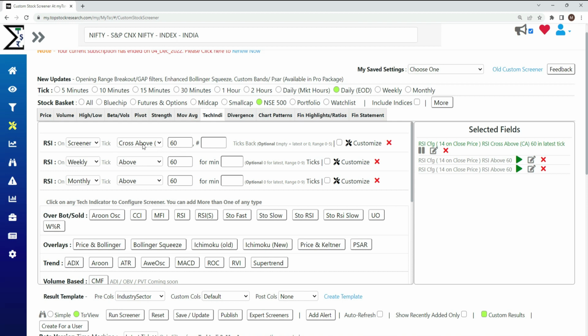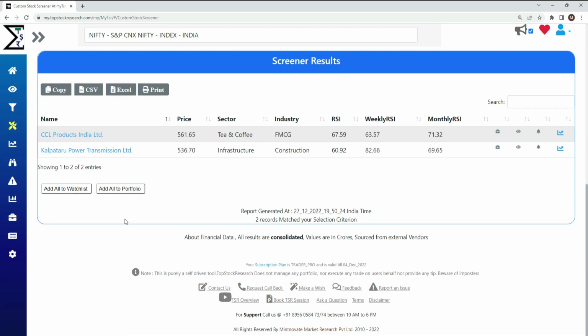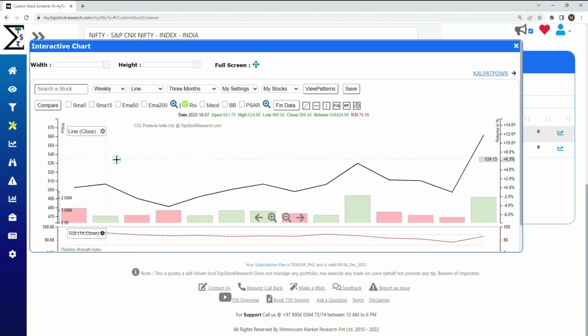So this being your primary, these other two are more supportive. So let's enable these two and run it. You'll see that CCL Products has crossed above 60, and on the other two time frames, weekly and monthly, it is already there. So that's how you can make use of it.